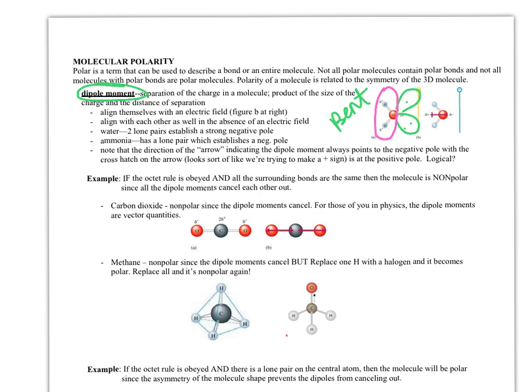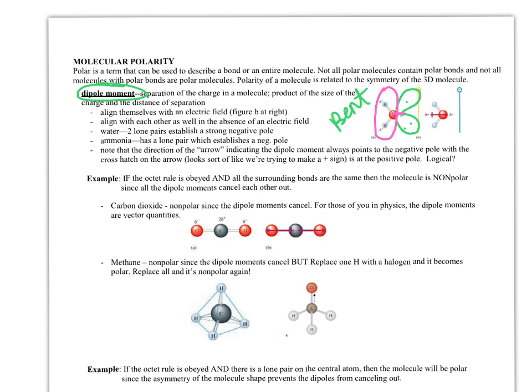We may be able to cut it one way, straight horizontal, the way that picture is, and that might look the same. But what I can't do is cut it vertically and have it be the same. So that's not going to be a possibility, and that indicates there's an asymmetry, or the molecule is not symmetrical.